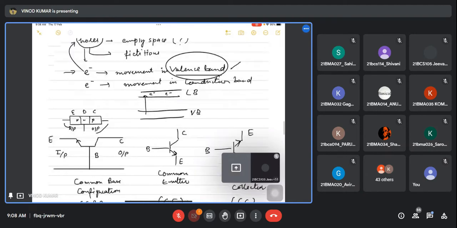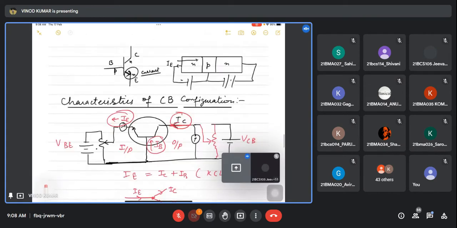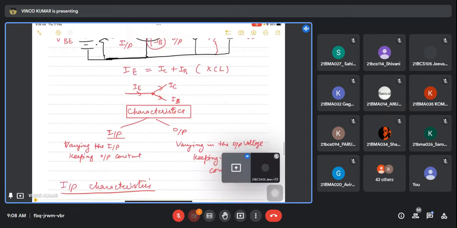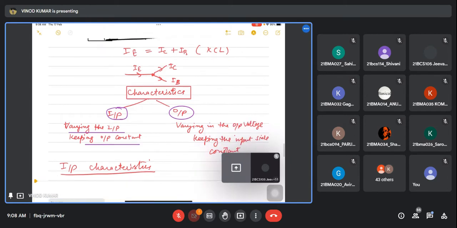The input characteristics as well as the output characteristics. There are two kinds of characteristics, input and output characteristics. Input means variation in the input side, keeping the output side constant, and here variation in the output and keeping the input side constant.